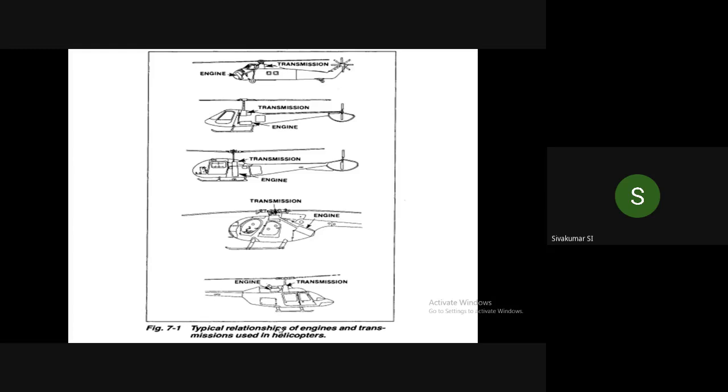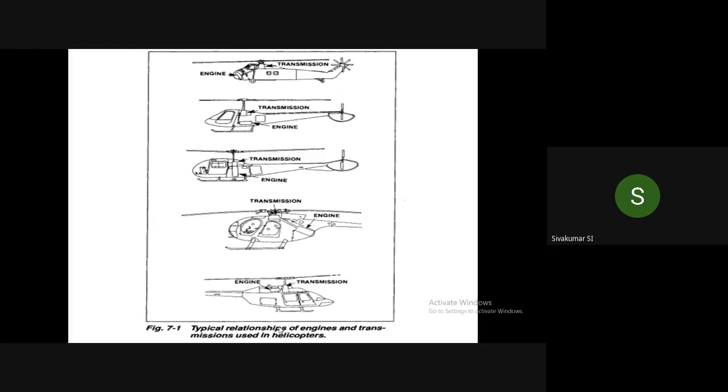They modified and innovated the installation procedure, from the nose section, middle of the fuselage, the rear of the fuselage, and the top of the fuselage, which are all convenient to transmit the engine power to the transmission system, to rotate the main rotor and the tail rotor. So this diagram interprets what I have explained.